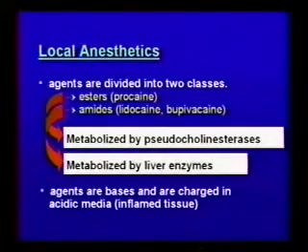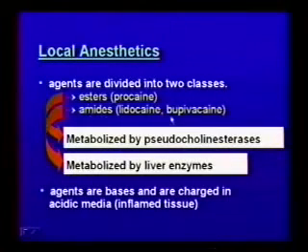The ester anesthetics are broken down by plasma cholinesterases or pseudocholinesterases, and these enzymes are very commonly inhibited by other classes of drugs which are targeted toward the acetylcholinesterase enzyme. As a result, if an animal has already been treated with an anticholinesterase agent, it will markedly interfere with the metabolism and elimination of an ester-type local anesthetic.